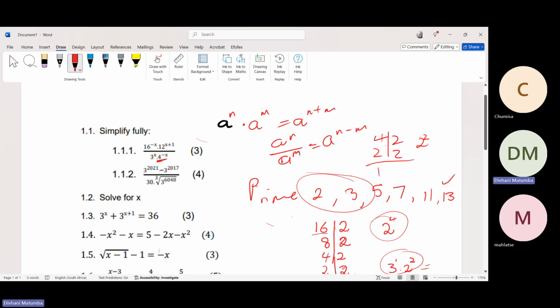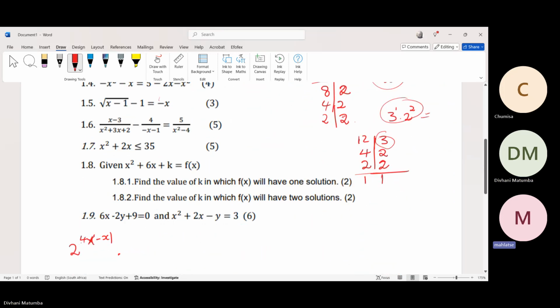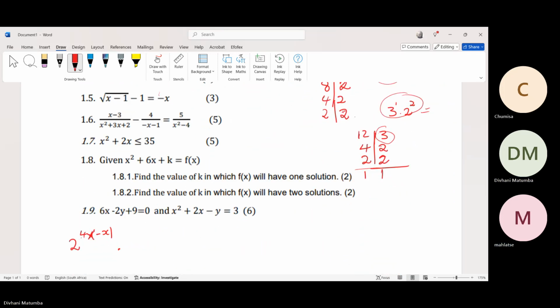We said 12 is going to give us 2 to the power of 2, times 3. All of this to the power of x plus 1.